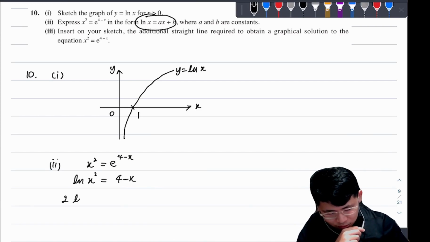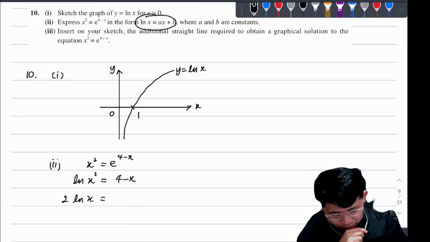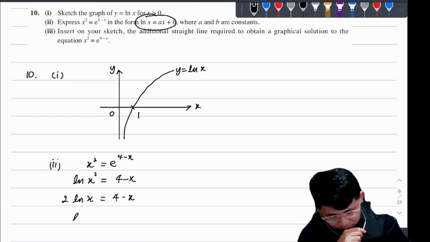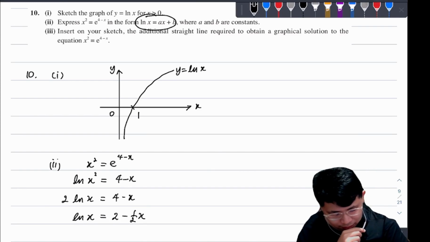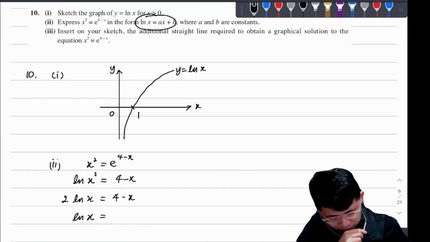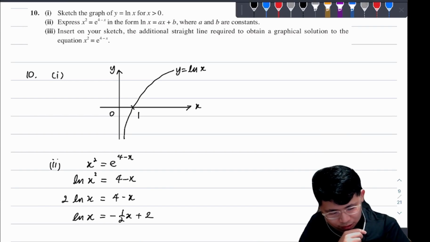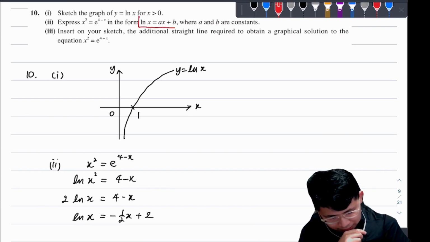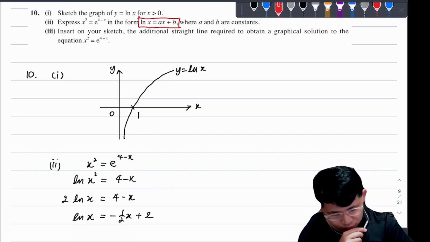So this would be 2 ln x using the law of logarithm, the power law. So last but not least, ln x will equal 2 minus half x, or minus half x plus 2. So you will follow this form at the end. So a is negative half, b is positive 2.